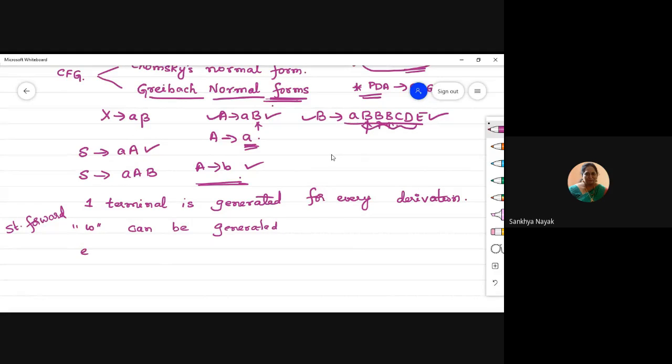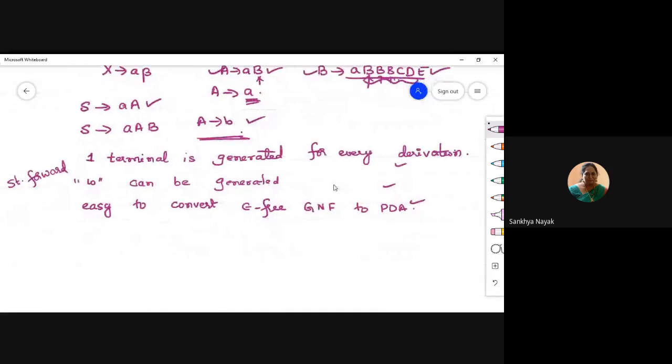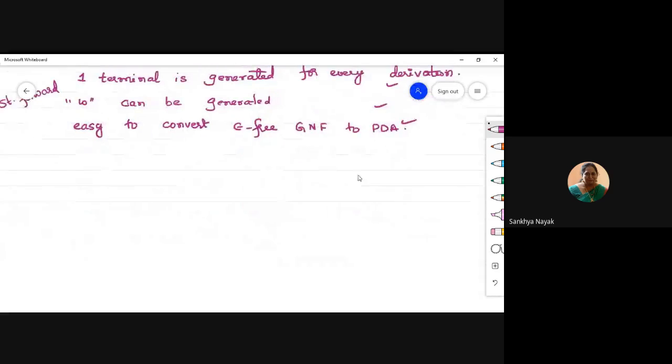Also, it's very easy to convert an epsilon free Greibach normal form to PDA. Okay, so these are the advantages of having a context free grammar in Greibach normal form.